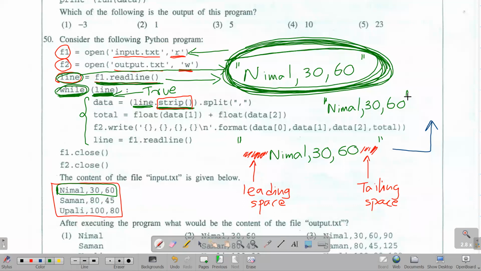We consider this line, which has leading and trailing spaces, and what we have done here is execute the strip function, which deletes them.